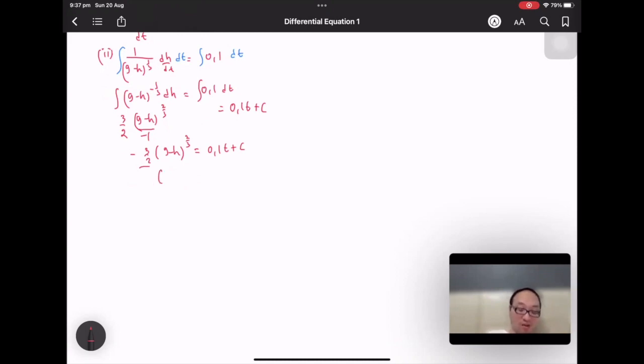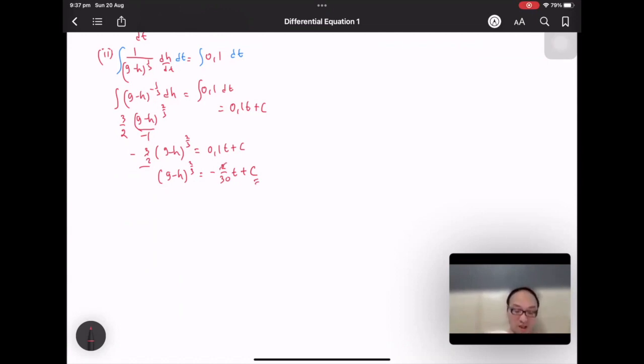So it will become (9 minus h) to the power of 2/3 equals minus 0.1 times 2 over 3, which is 0.2 over 3, so 2 over 30, plus c. When c is multiplied by negative 2 over 3, it will still be c because c is an arbitrary constant, so it doesn't change into negative 2 over 3 c.